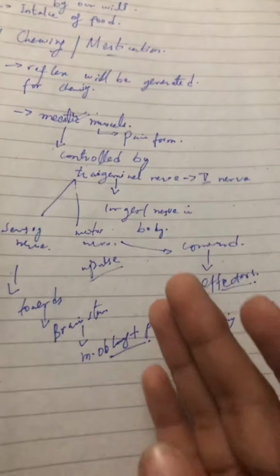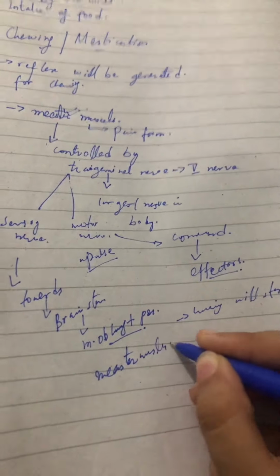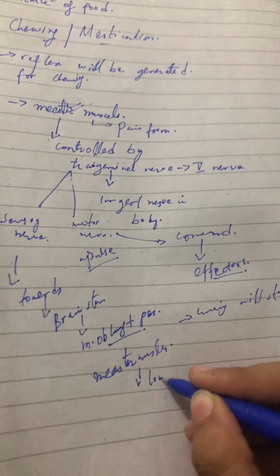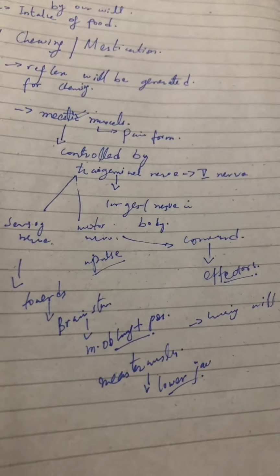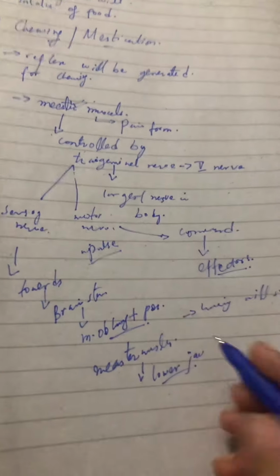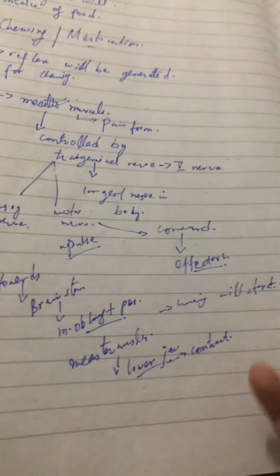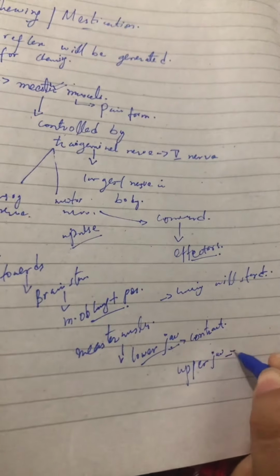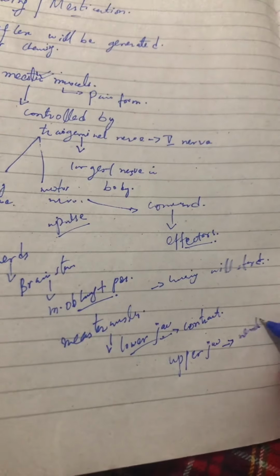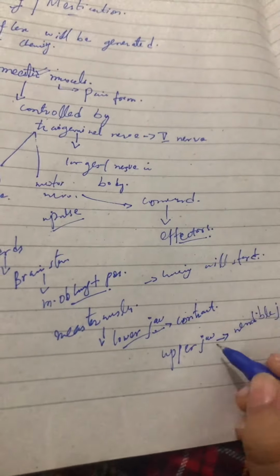Now what will happen in the process of chewing? These masseter muscles are present in the lower jaw. When these masseter muscles contract, the jaw moves.